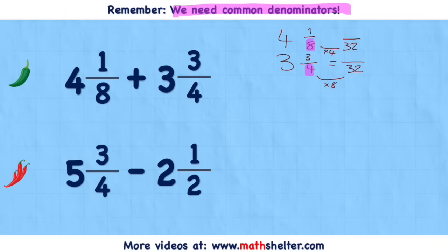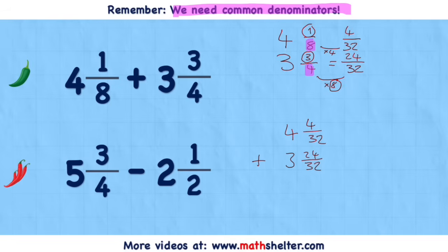So whatever I've done to the bottom denominator, I now need to do to the numerator. So 3 times my 8 is 24. 1 times my 4 is 4. So my new question could look like 4 and 4/32 added to 3 and 24/32.